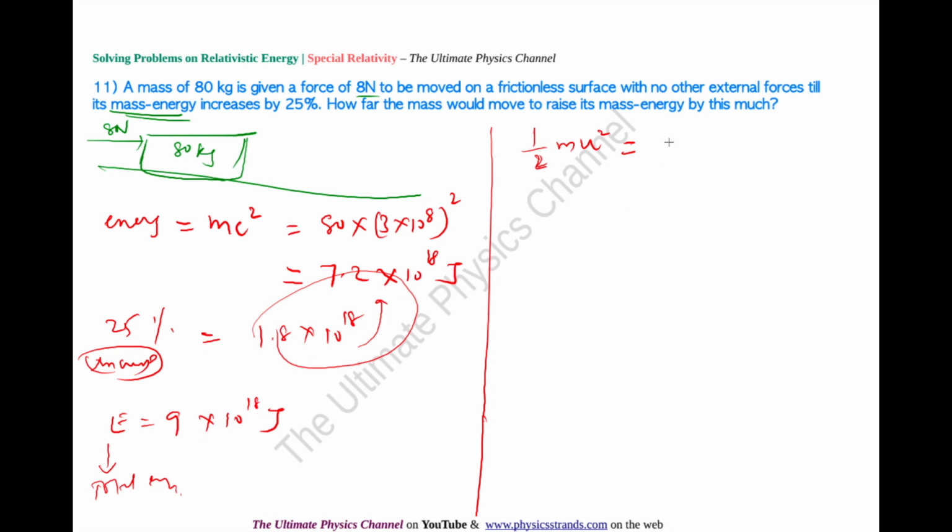So half m u squared is 1.8 into 10 power 18 joules. So if I work that out, I get u squared as 4.5 into 10 power 16, and therefore the speed of that object is 2.12 into 10 power 8 meters per second.